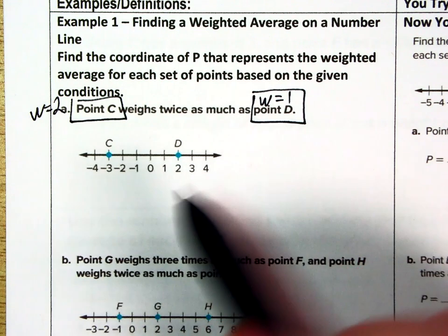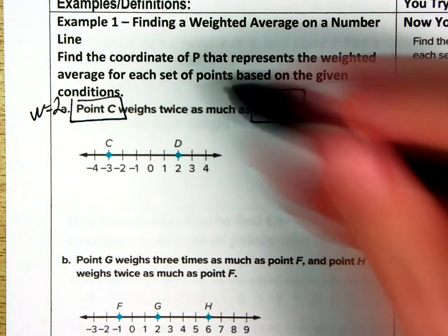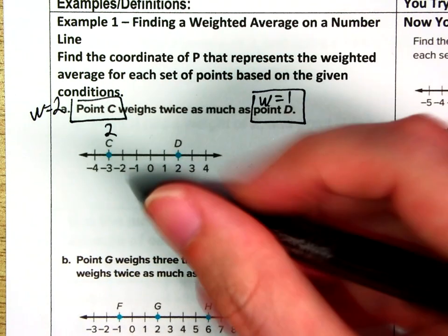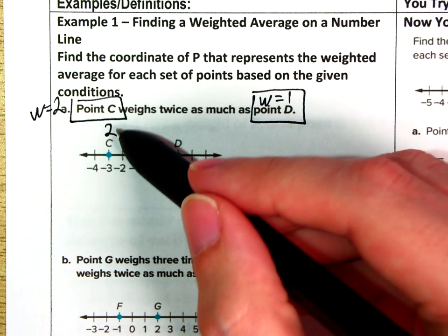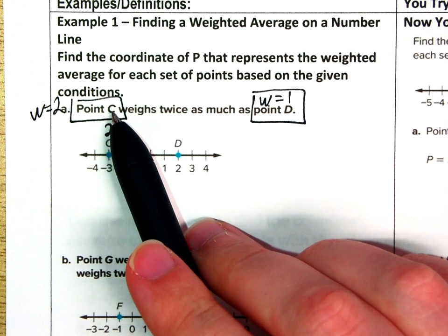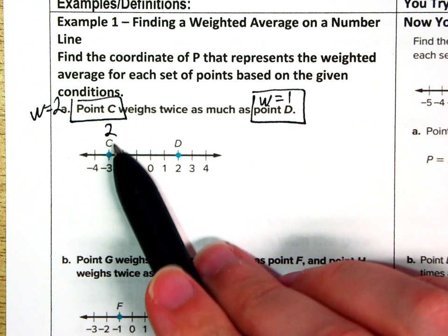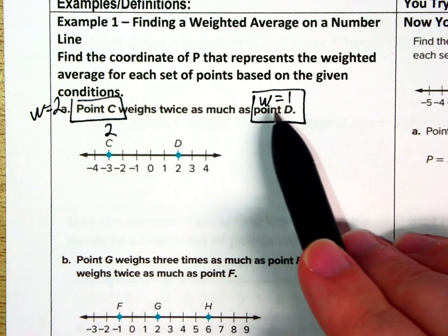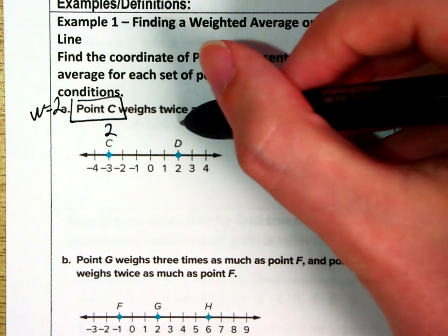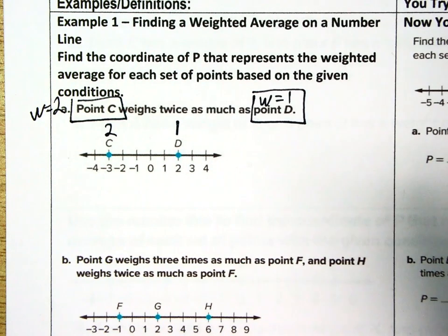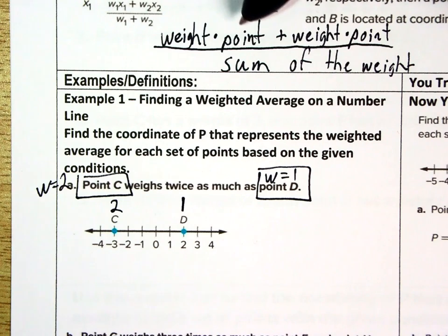With this information, I'm just going to put those values over their points on the number line. So the weight of C, which is 2, I'm just placing over C. The weight of D, which is 1, I'm placing over D. And we're following the pattern of just doing the weight times its point plus the weight times its point.